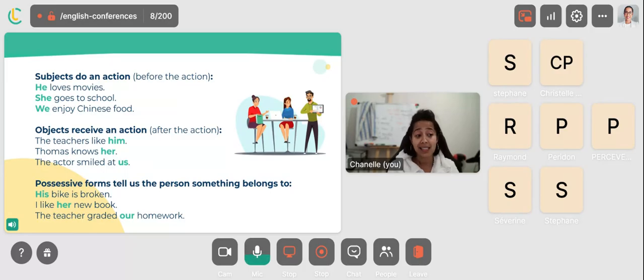The actor smiled at us. And then your possessive forms. They tell us the person something belongs to. For example, his bike is broken. I like her new book. The teacher graded our homework.